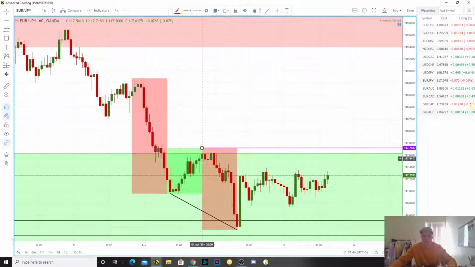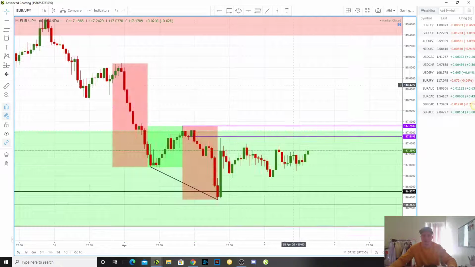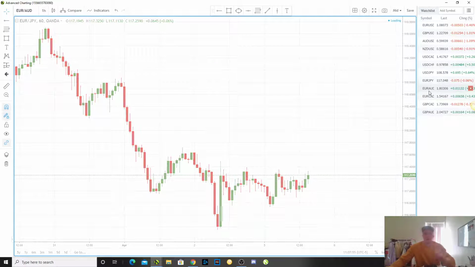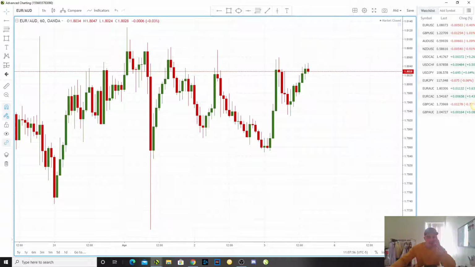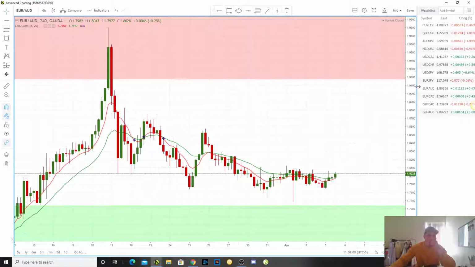Maybe could have, should have, would have trade. Mark these in purple so that I know what I'm looking at. That's just a mess.